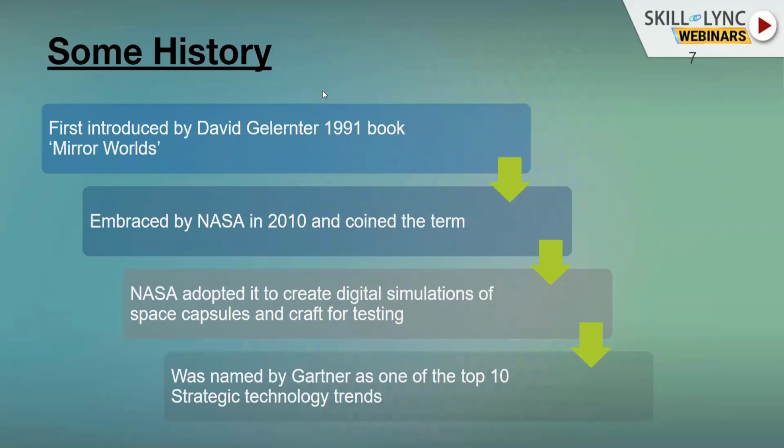So NASA people keep looking for advanced solutions on how they can decrease the cost and how they can be saved from failures. So NASA adopted this concept and started building digital simulations.